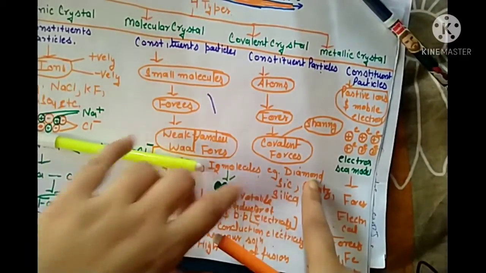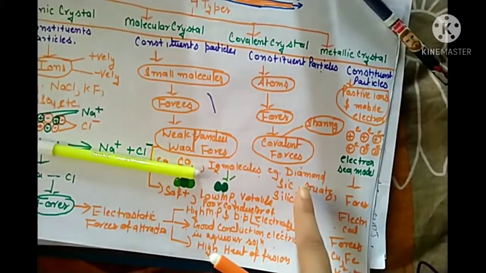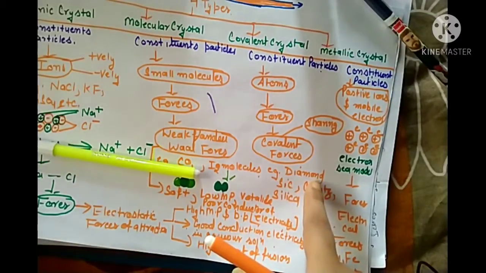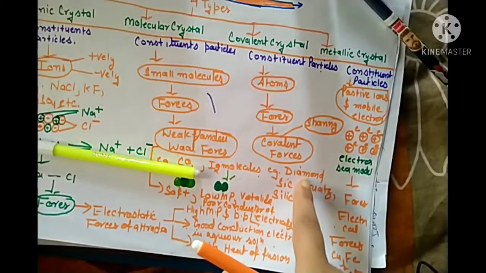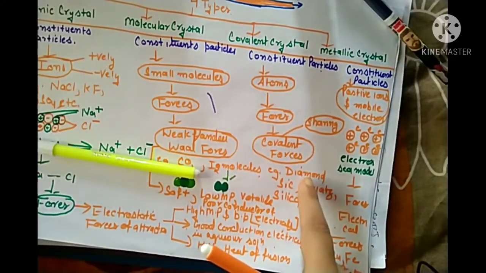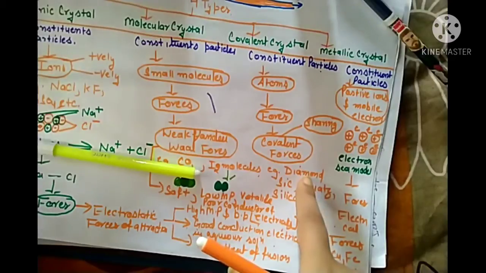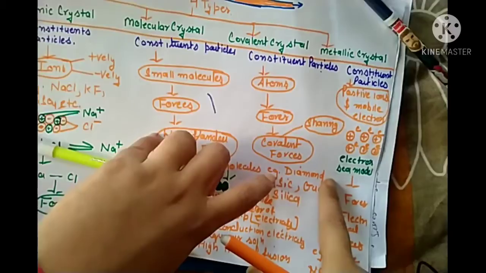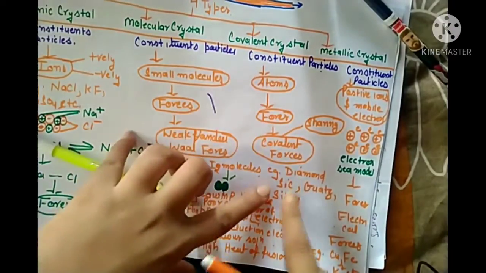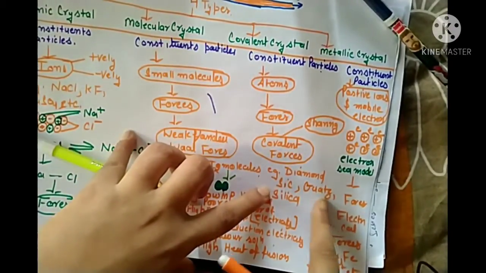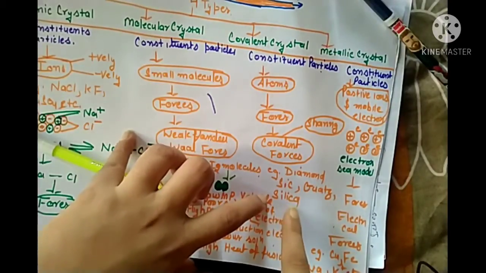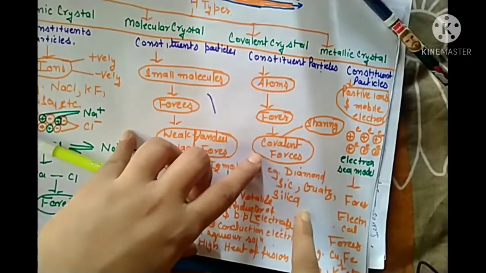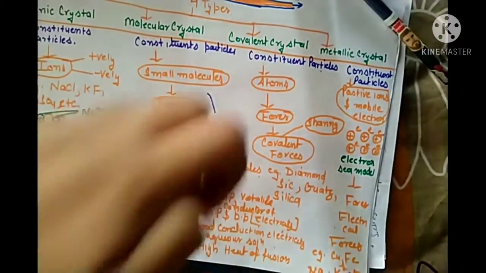Diamond and graphite are pure forms of carbon, and bonds between the atoms are covalent bonds. Diamond forms a network because in a diamond one carbon atom is surrounded by 4 carbon atoms. That's why it forms a network-like structure. And silicon carbide, quartz and silica, that is SiO2, due to the sharing of electron pairs, are hard.